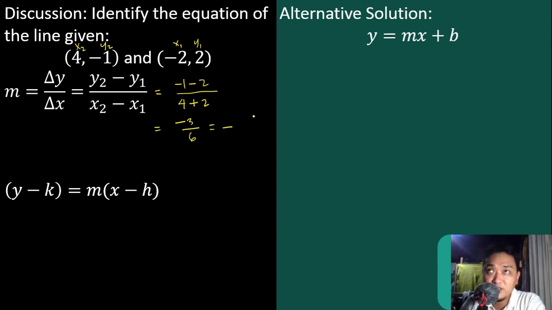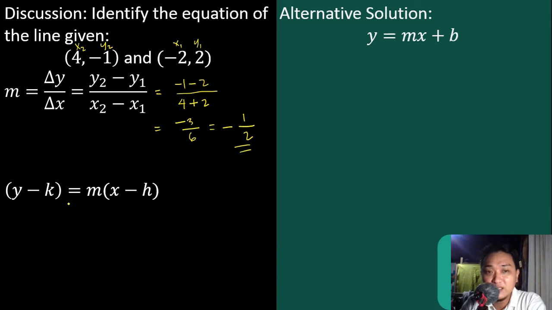What number divides 3 and 6? Or what will be the greatest common factor of 3 and 6? That will be 3. So, 3 divided by 3 is 1 over 6 divided by 3 is 2. So, our slope is negative 1/2. There you go. So, we now have the slope.